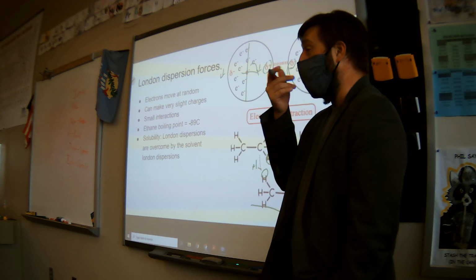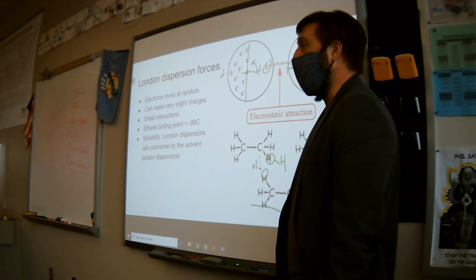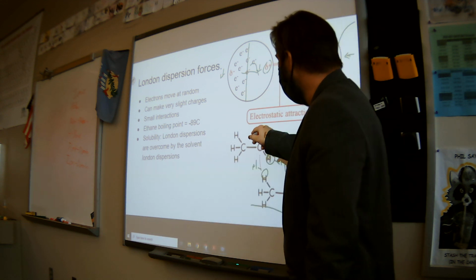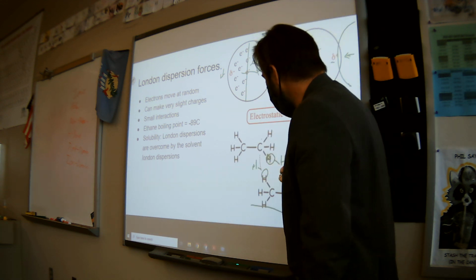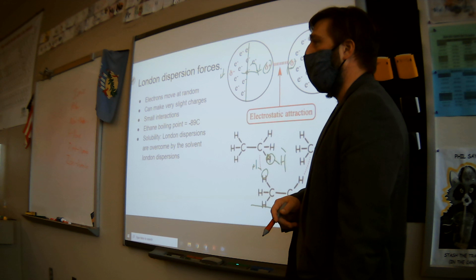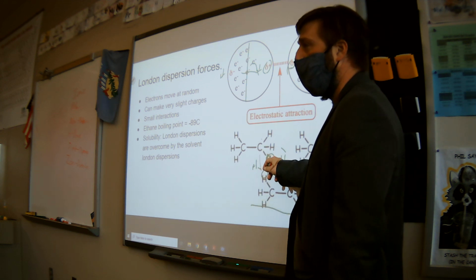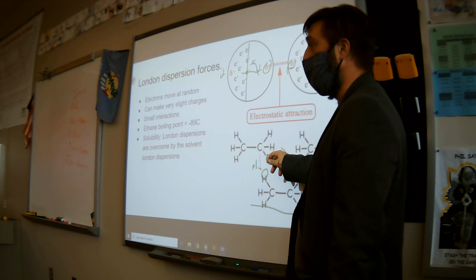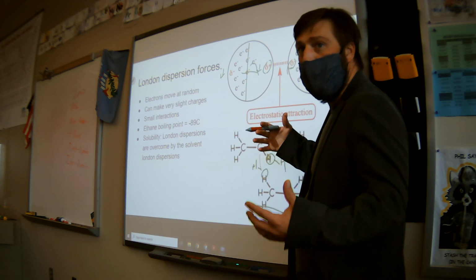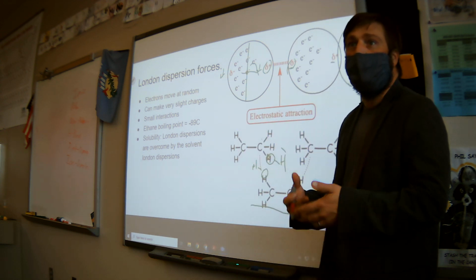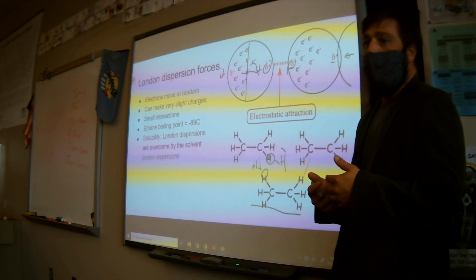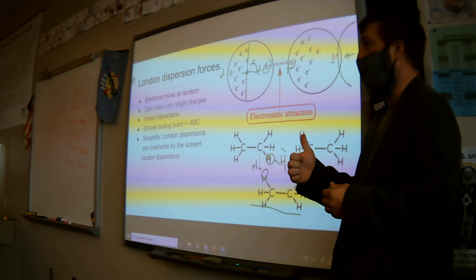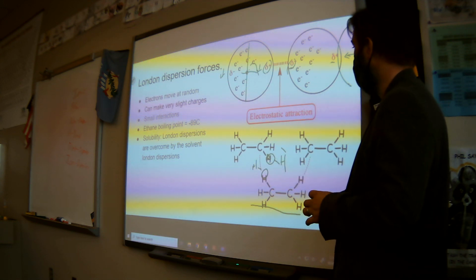At room temperature, what is alcohol? It's a liquid. We went from a gas to a liquid by doing that. What did we add? Not just an OH, we added hydrogen bonds. Those intermolecular forces are what made this thing go from a gas to a liquid. All good? Cool.